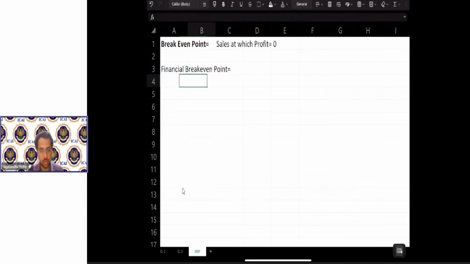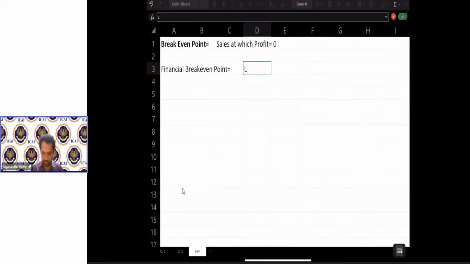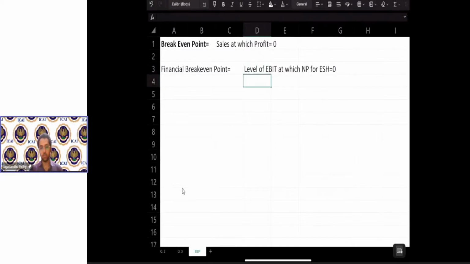Financial break-even point. What is the financial break-even point, guys? Just as the break-even point is the sales at which your profit is zero, the financial break-even point is basically the level of EBIT at which net profit for equity shareholders is equal to zero.